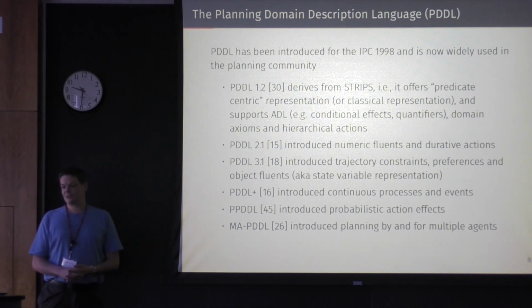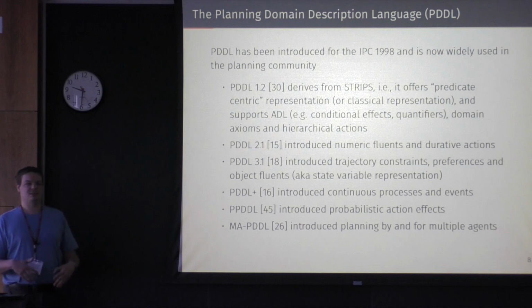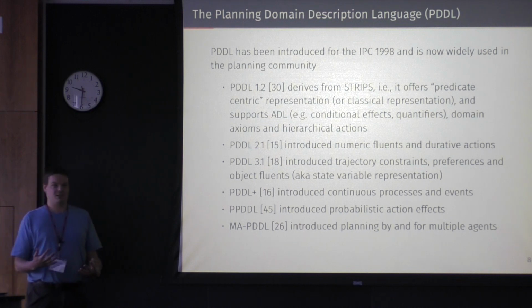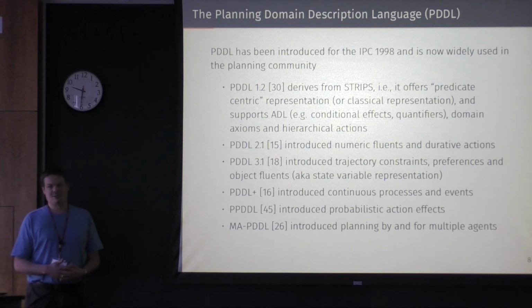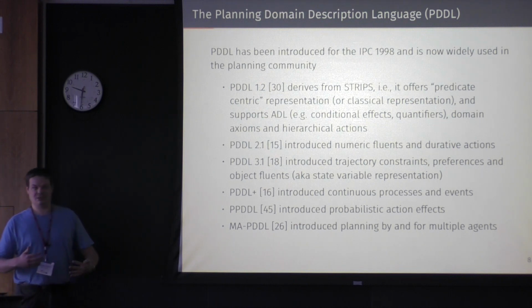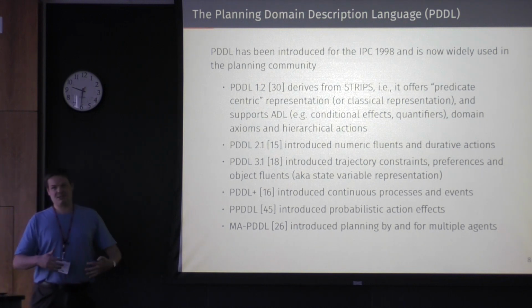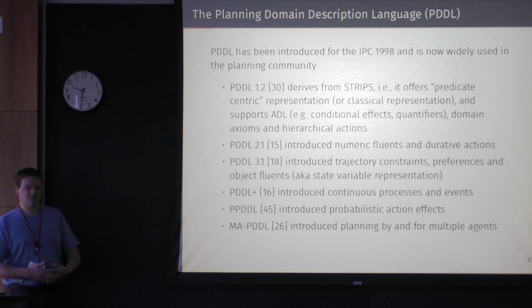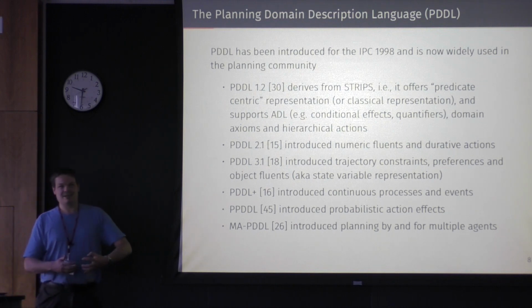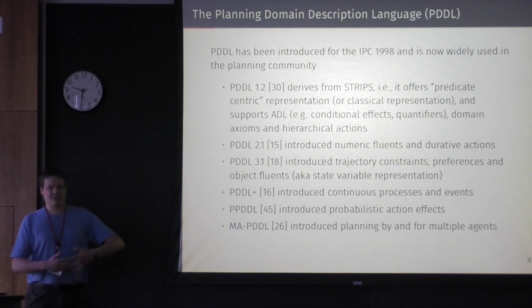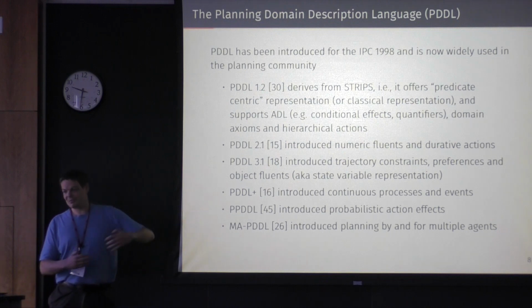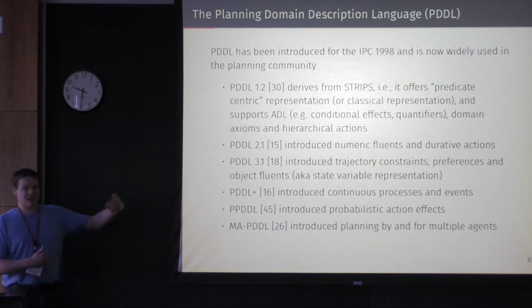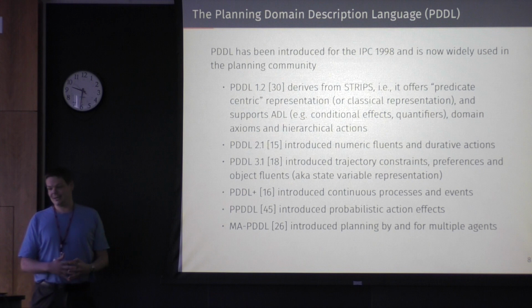And object fluents are a sort of state variable representation, which for instance we know from SAS+. So in PDDL we can actually specify functions like state variables. For instance, we say that the robot is at a certain location. Since the state variable is a function, the robot can be at only one location at a time.